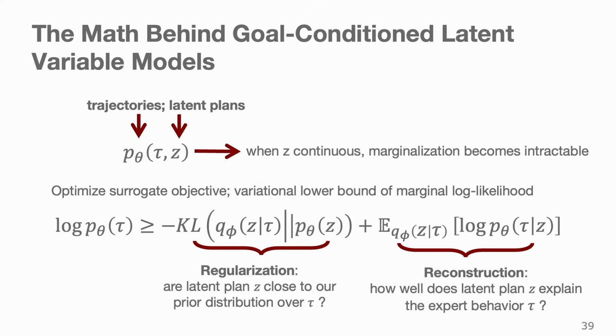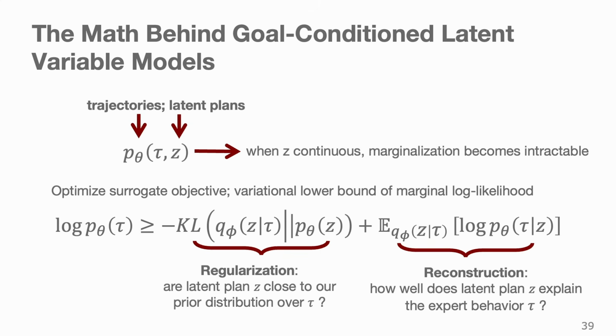I think I'm a little bit out of time to go into greater detail of the math behind this, but on a very high level, in order to train this, we would want to maximize the marginal likelihood of our expert data.